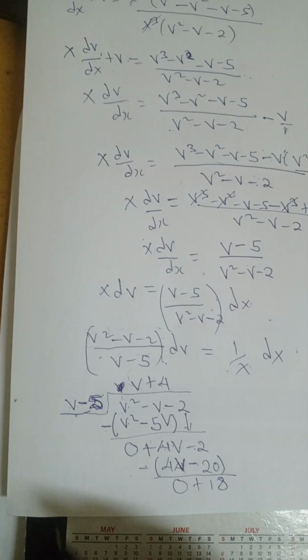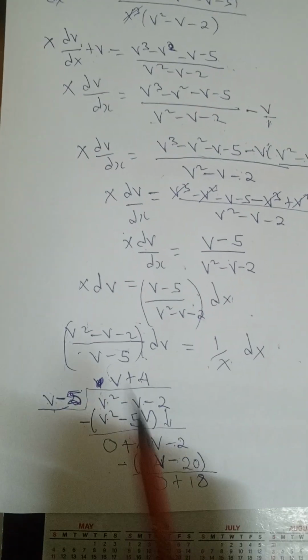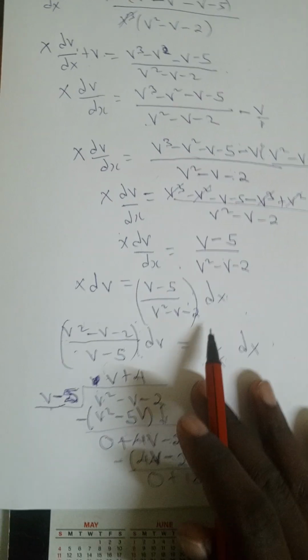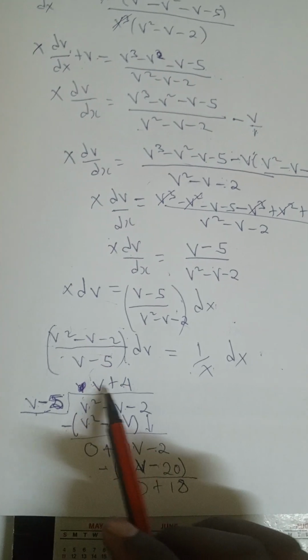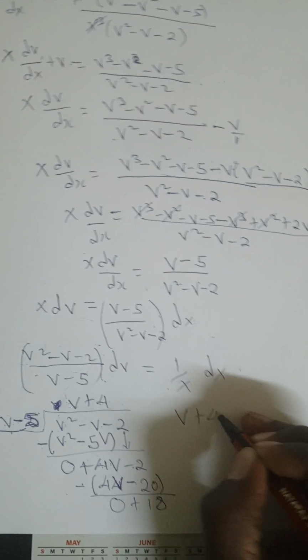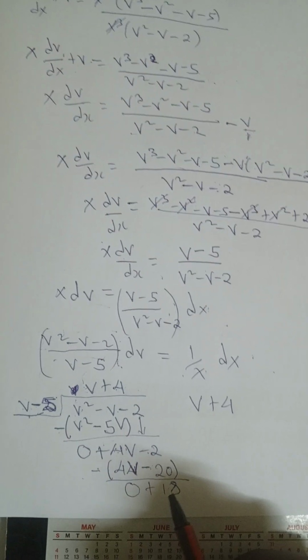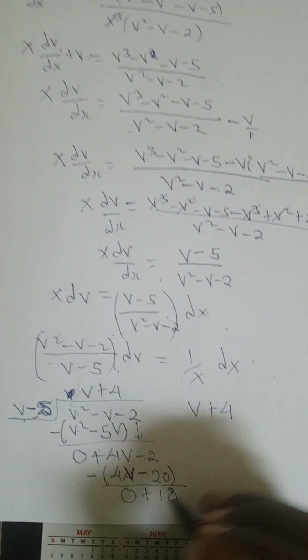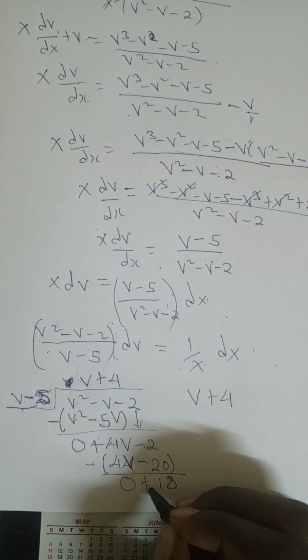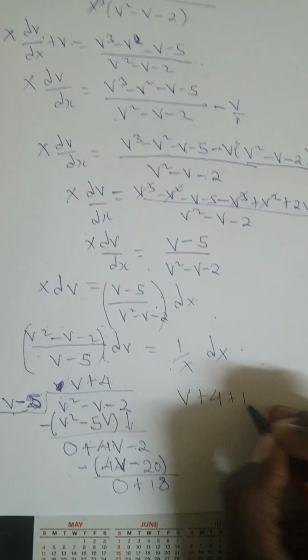So now this is how we are going to represent our answer. We are going to get our answer on top, which is v plus 4. Then our remainder is plus. If it was minus we'd say minus, but it's plus 18.